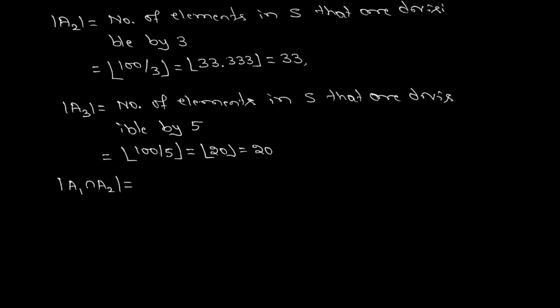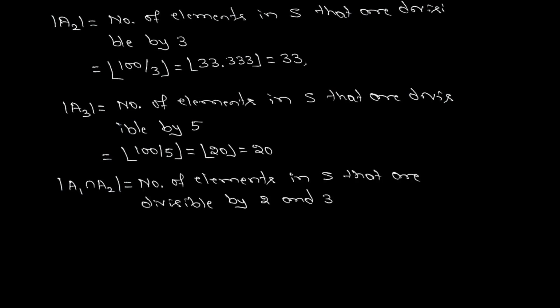Now let us find the cardinality of A1 intersection A2, because we need this in the formula. Let us find A1 intersection A2. This represents the number of elements in S that are divisible by 2 and 3.